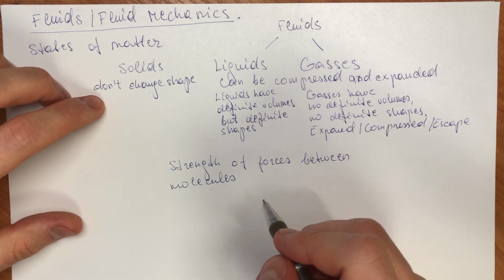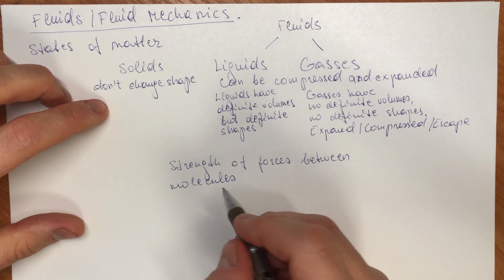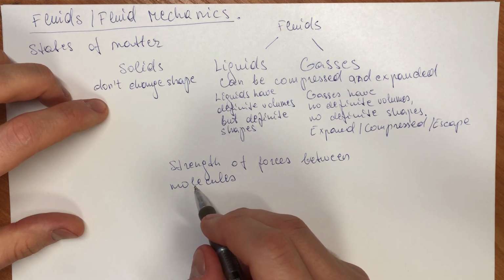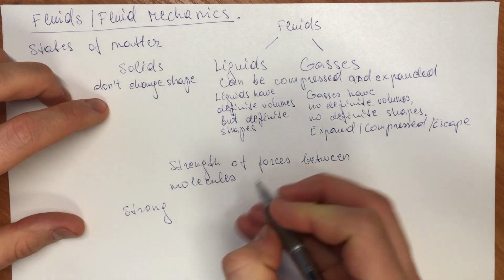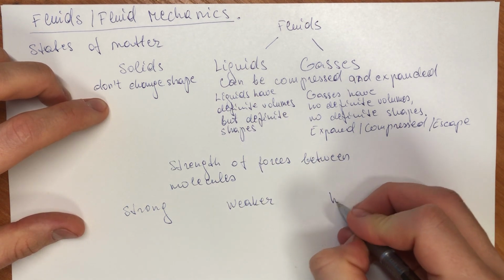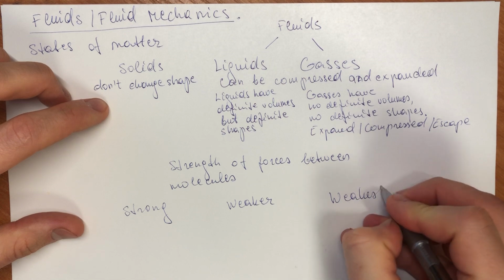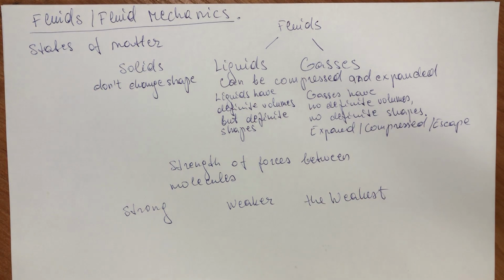So in solids the forces between molecules are strong. So we can write strong. In liquids they are weaker. In gases they are the weakest, compared to solids and liquids.